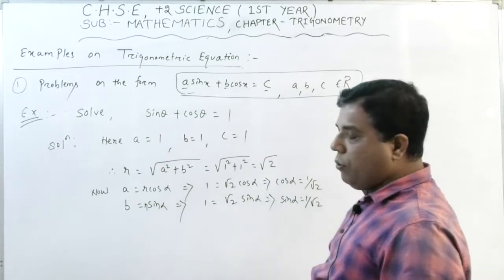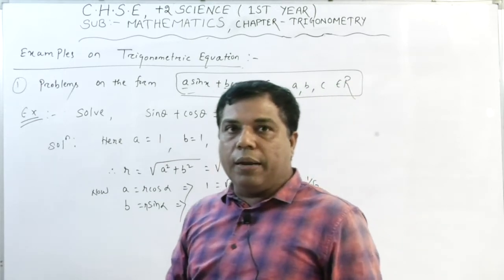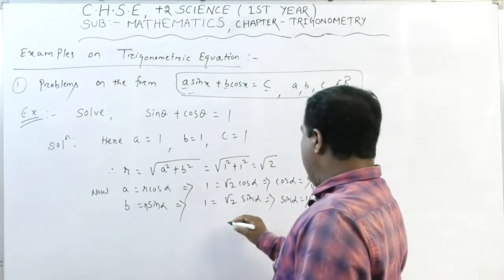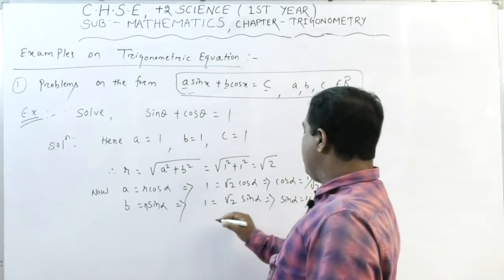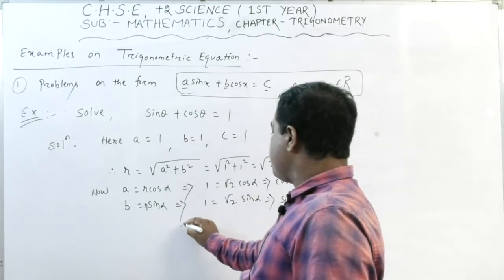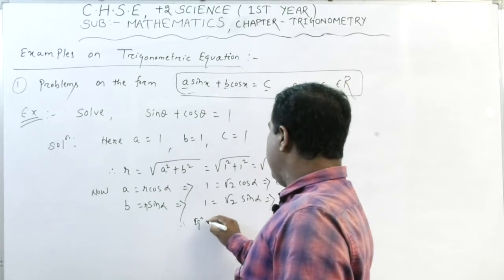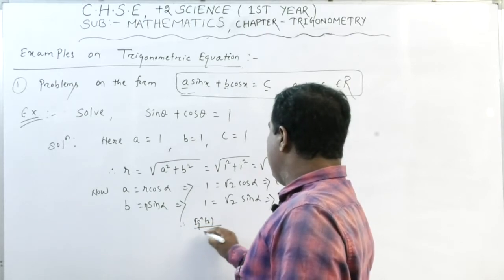Why am I doing this? Because from there we can find the value of alpha. Suppose this is equation 1 and this is equation 2. Therefore equation 2 divided by equation 1, what do we get?